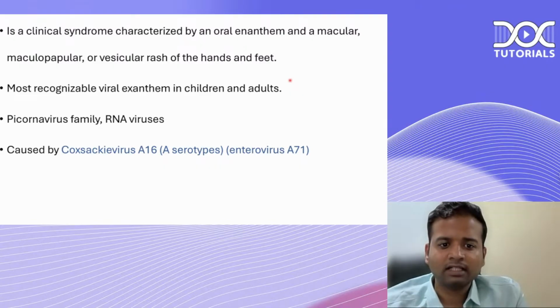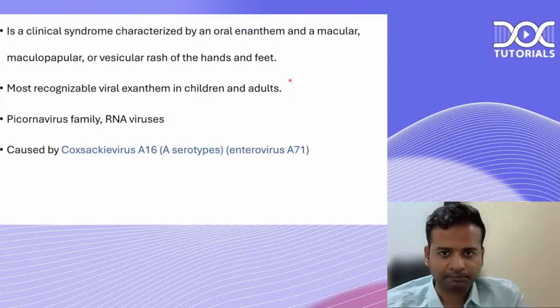Coxsackie virus A includes many serotypes. One of the most common serotypes is A16, and enterovirus A71 is also one of the important species in the enterovirus family.